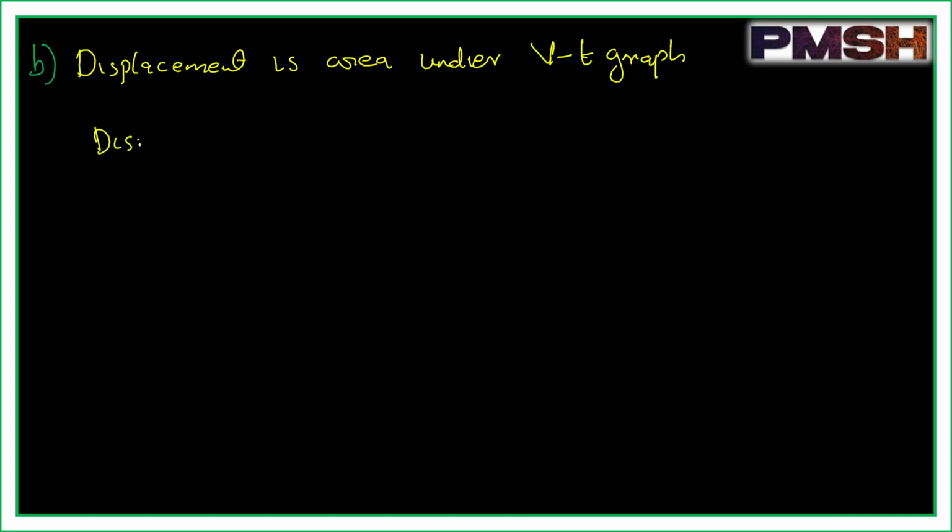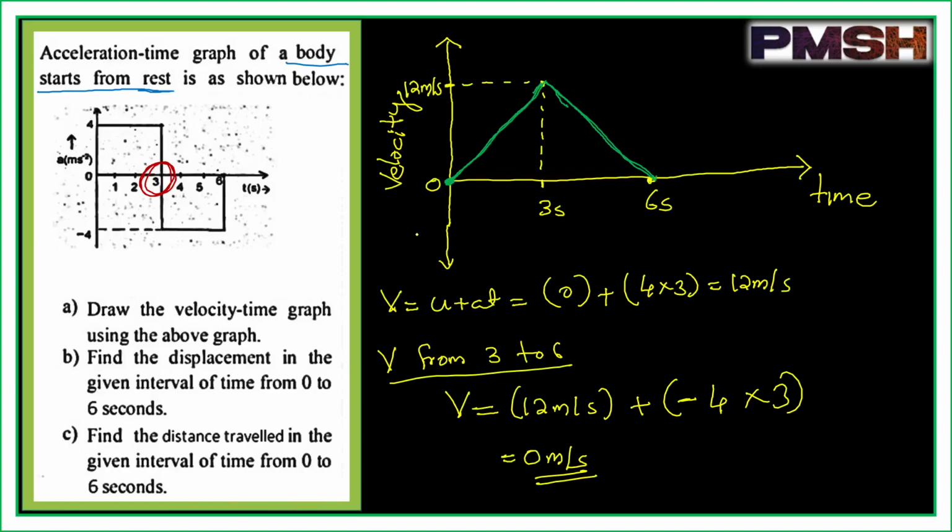So here displacement is going to be half into base into height. What about the base? Here you can see the base is 6, right, and the height is 12.